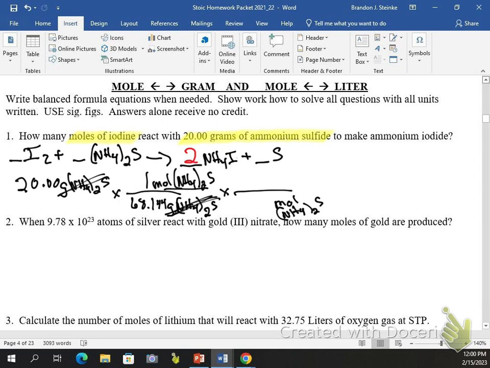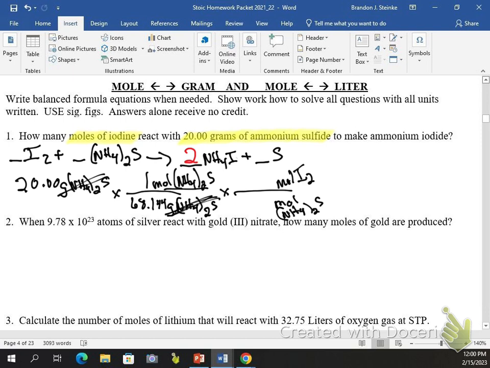And then from moles of this, is there a conversion into moles of iodine? But I have to have what first? The balanced equation to use those coefficients, right? Well, good thing I've already done that. If I didn't, say you just went to number 3 and started doing this, you should stop at this step and say, oh, I need coefficients.